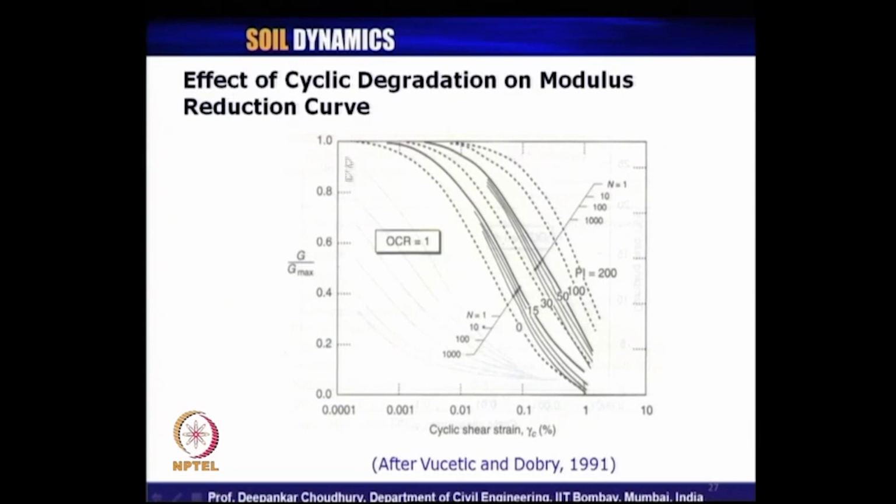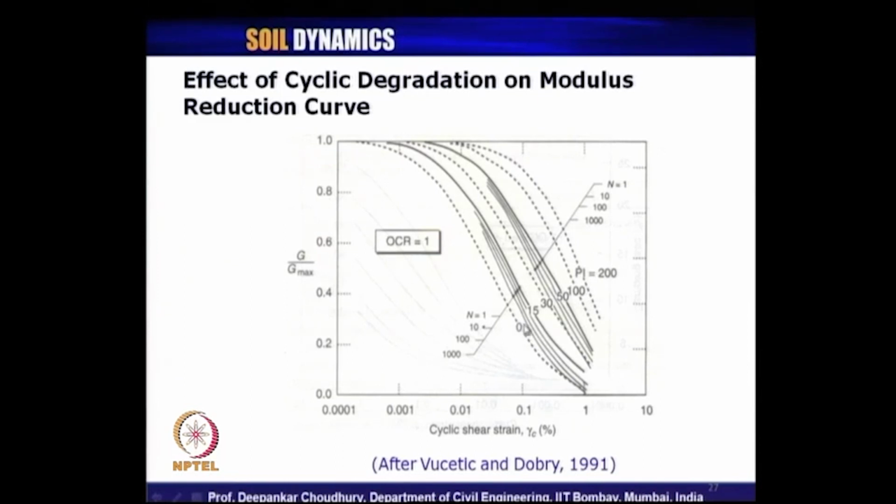So, another set of results they have proposed how the degradation of this modulus reduction curve occurs at different numbers of loading cycles. So, these n denotes the different number of loading cycles, and this PI denotes, as we have already seen, different plasticity index with a constant OCR of 1.